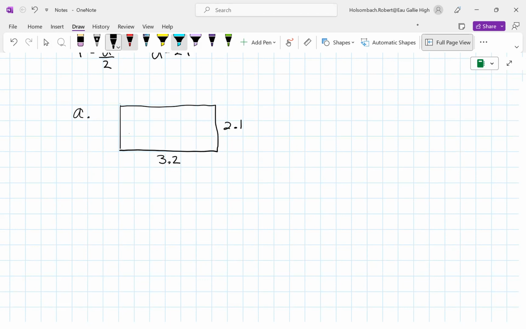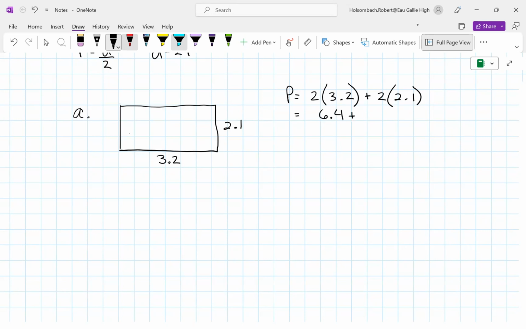All right, so the perimeter is equal to 2 of the lengths plus 2 of the widths. So if we do 2 times 3.2 plus 2 times 2.1. All right, the 2 times 3.2, that's 6.4.